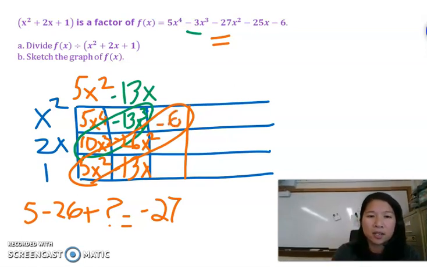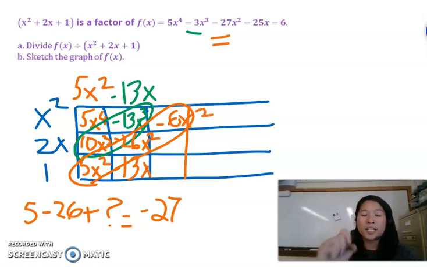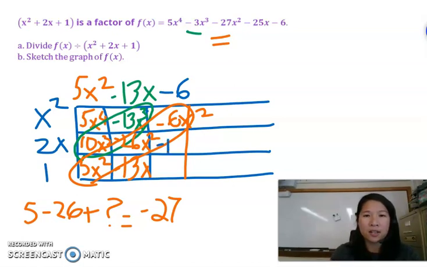And it's going to be negative 6x squared. If negative 6x squared goes there, then the top term is going to be negative 6. Negative 6 times x squared is negative 6x squared. Negative 6 times 2x is going to give us negative 12x. And negative 6 times 1, that's going to give us negative 6.